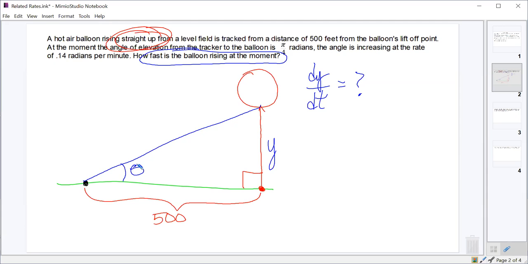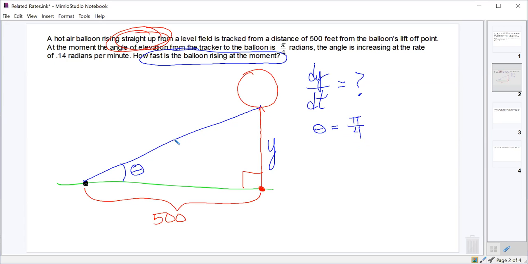Now, there is a specific instant that we are interested in. What instant is that? When theta is pi over 4 radians. So we're going to write that the instant we're interested in is when theta equals pi over 4, but we're not going to write pi over 4 in any equation. We're going to use theta for any equation that we write.